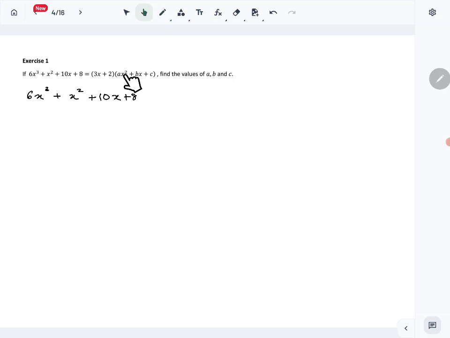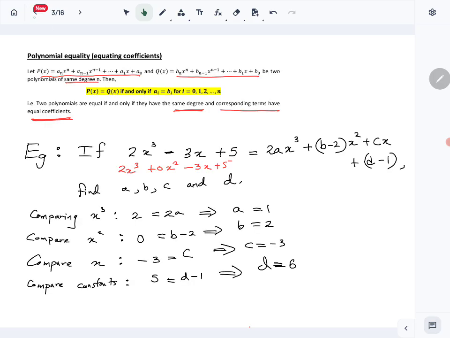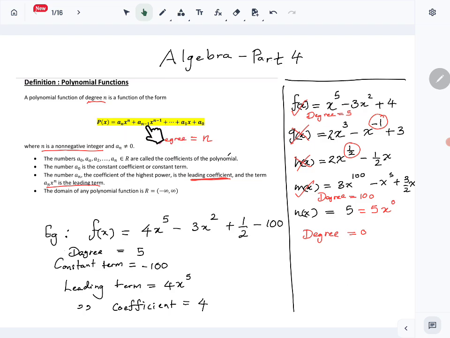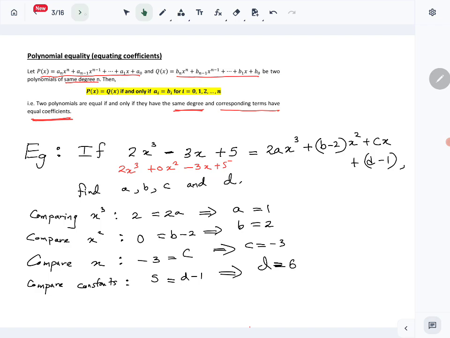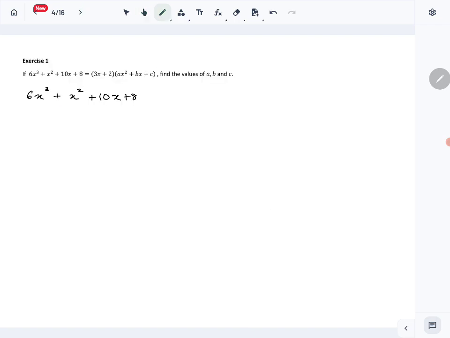Right hand side, it's in factored form. The first one is a linear function, the second factor is a quadratic. So we have to first get rid of brackets and write it in the standard form of a polynomial. Then after writing it in this form, we can start comparing coefficients and get the a, b, c values, right? So the first thing you should do is get rid of brackets.